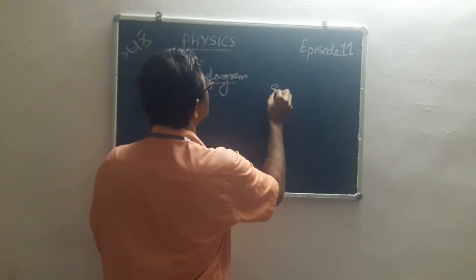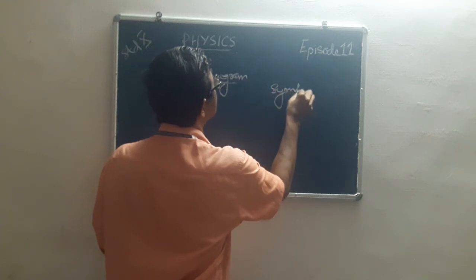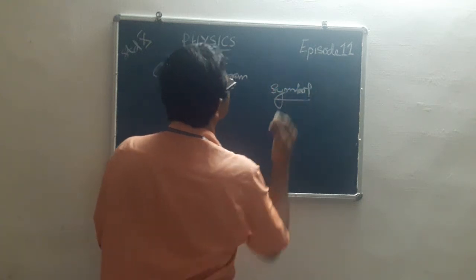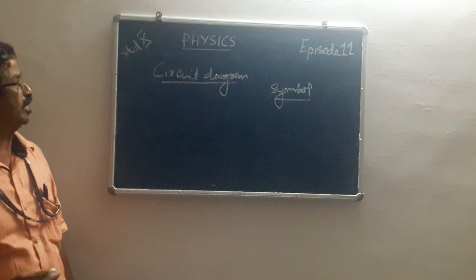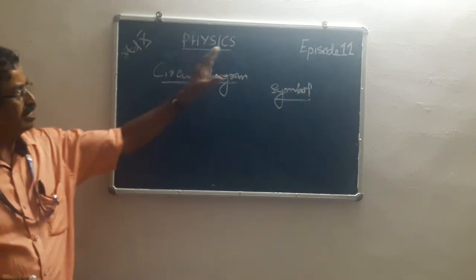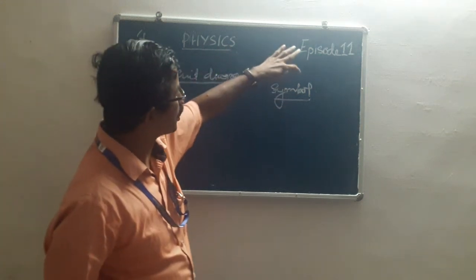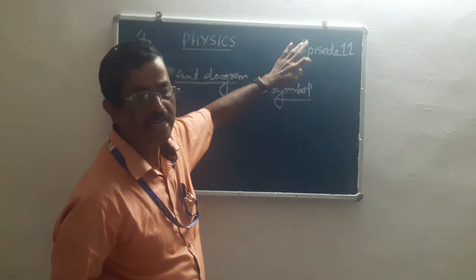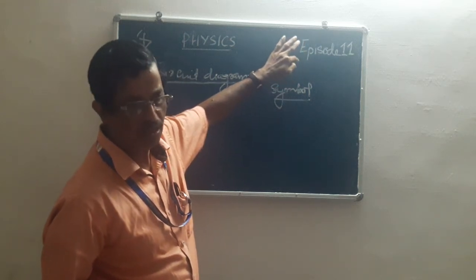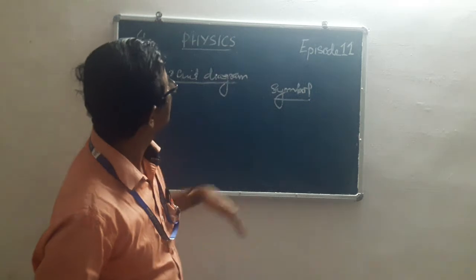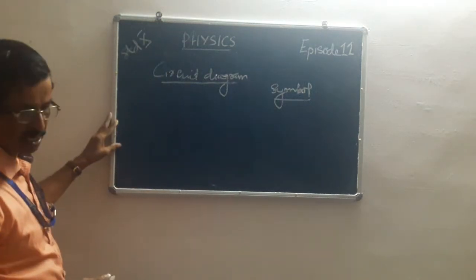That means to represent a circuit diagram, we use symbols of each component used in the circuit. Some of the common symbols we want to know are these.